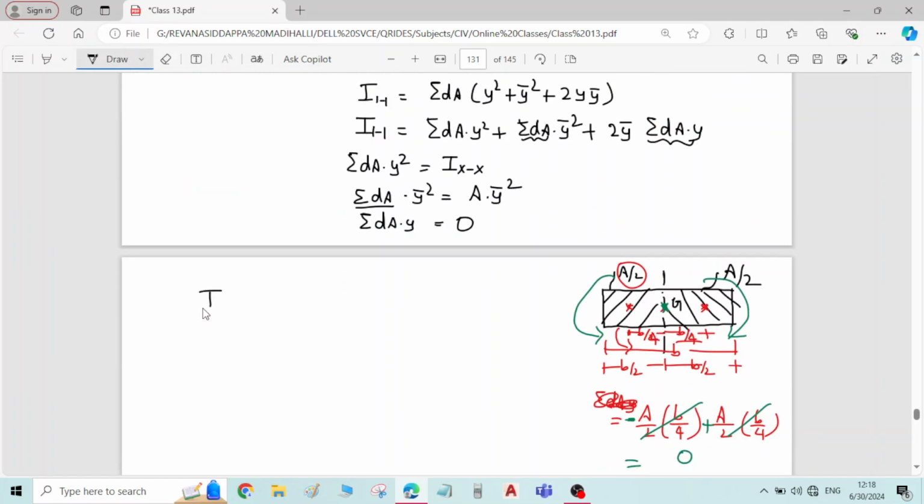Now I will rewrite this expression. I11 is equal to sigma dA into y square, which is equal to Ixx, plus sigma dA into y bar square, which is A into y bar square, plus 2 y bar into sigma dA into y, and the value of sigma dA into y is 0.